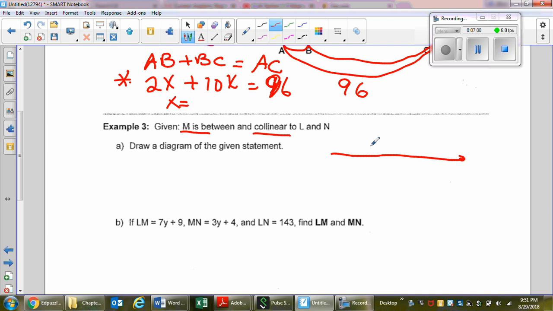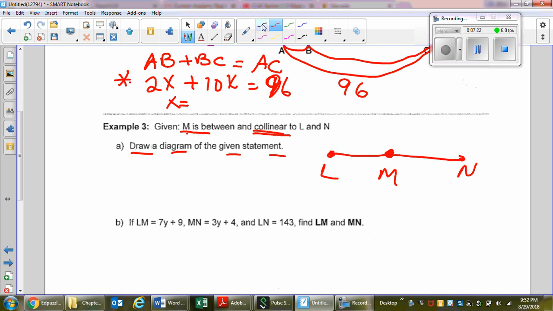But in this case, I know it's collinear, so L and N is here, and I don't know where M is, but I know it's in between, right? It doesn't matter if the drawing is not drawn to scale. So I just draw a diagram for the given statement. So M is between L and N, and they're collinear. Collinear means points on the same line.